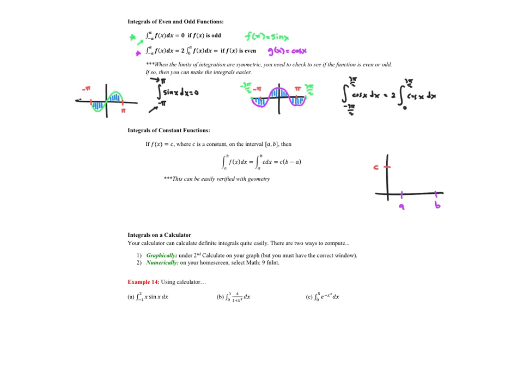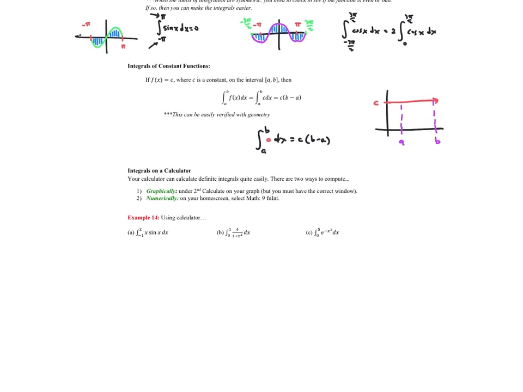If we have a constant function, just a horizontal line, then the integral from a to b of c dx just ends up being a rectangle where we take the height times the base. So if you have a constant, just take the interval, b minus a, and multiply it by that constant.